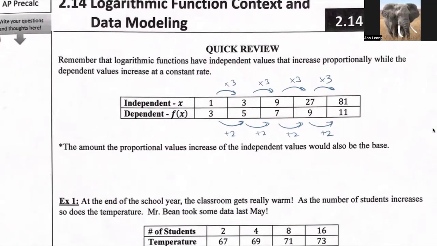The amount the proportional values increase will be the base of your log. So since this is going up by 3's, this one would have a base of 3.